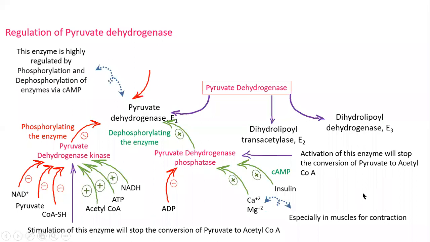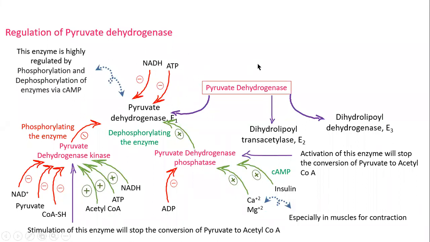Now, this pyruvate dehydrogenase is directly inhibited by NADH and ATP. Have you seen these two? Yes, here they are. Instead of stimulating the kinase, they can directly regulate E1, these two, NADH and ATP.